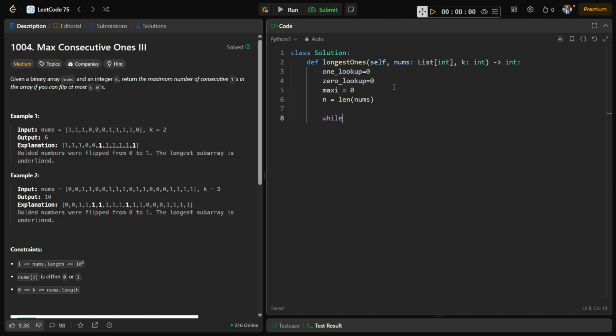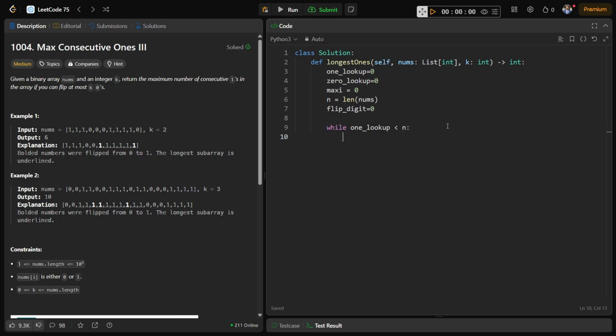For that, while one lookup is less than n, and also we have to make flip digit 0. Fine. And if nums of one lookup is 1, we increment one lookup.